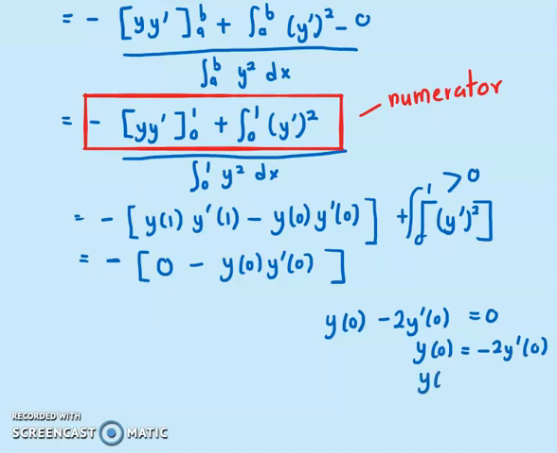So y(0) over 2 will be y prime(0), positive here, sorry, positive, because I bring it over.